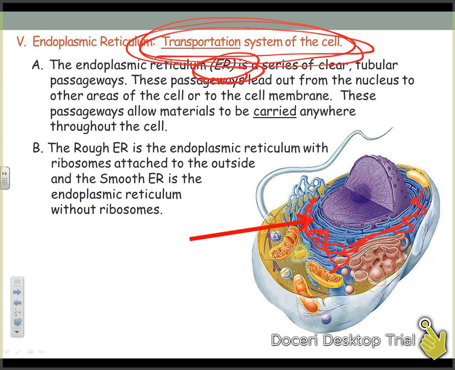And the endoplasmic reticulum is responsible for transporting materials from one part of the cell to the other. Very similar to the circulatory system in the human body. The circulatory system is responsible for moving blood and the blood is moving materials such as water and food and waste products throughout the body. The endoplasmic reticulum is also responsible for moving food, water, and waste products throughout the cell.